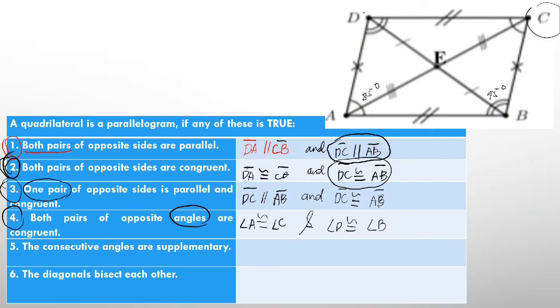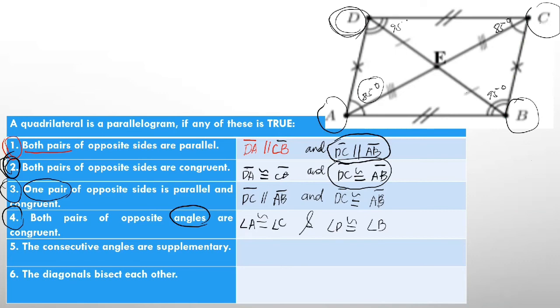So, based on the fourth property that we have, if this angle A is equal to 85 degrees and angle A is congruent sa angle C, which is they have the same measurement, therefore angle C is also 85 degrees. Congruent nga kasi dapat parehas sila ng measurement. Okay? And since angle B is congruent to angle D, therefore the measurement of angle D is 95 degrees. Now, meron na tayong measurement.